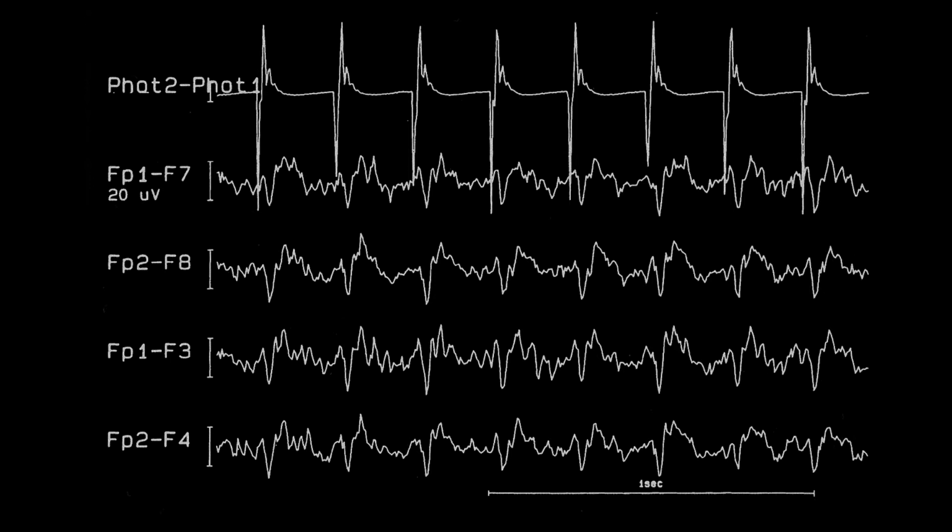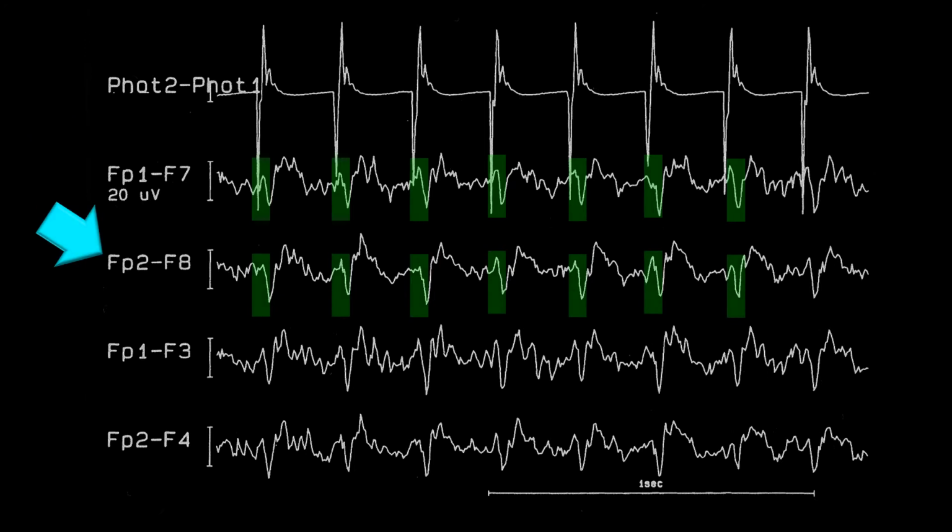These discharges are better appreciated in this frame. You can see, pointed by the arrow, where the photic stimulation is, and just below it, you can see the response. Here, we're pointing to the response on the left, and here to the responses on the right.